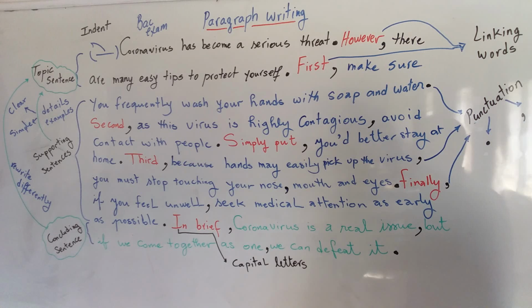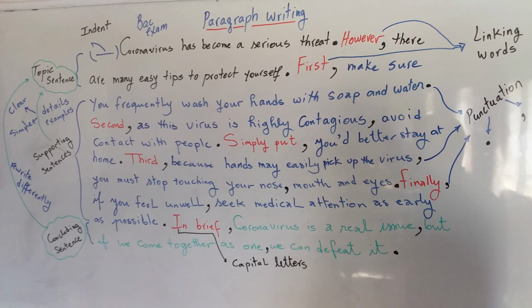Coronavirus has become a serious threat. However, there are many easy tips to protect yourself. First, make sure you frequently wash your hands with soap and water. Second, as this virus is highly contagious, avoid contact with people. Simply put, you'd better stay at home.